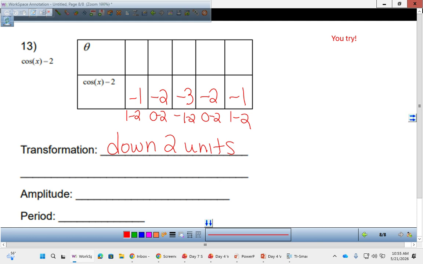The lowest point, negative 3, to the highest point, negative 1, is 2 units apart. Divided by 2 gives me my amplitude of 1. Okay? Or A is amplitude. A is the leading coefficient, and if there isn't one, then the amplitude is 1. The number in front. This only has a down-up change.